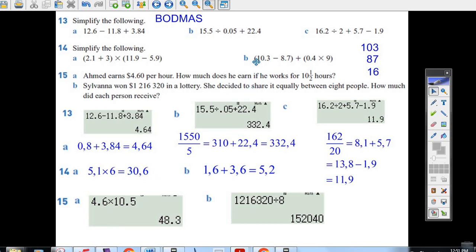The next question, 10.3 minus 8.7. You can see here, if you put the decimals over there and put them on top of each other, 3 minus 7 doesn't work, so you have to carry one. 13 minus 7 is 6. Then you've used one from here, so that's why 9 minus 8 is 1.